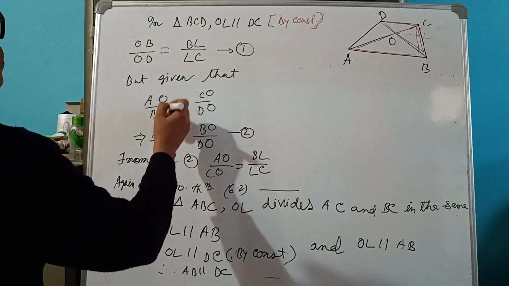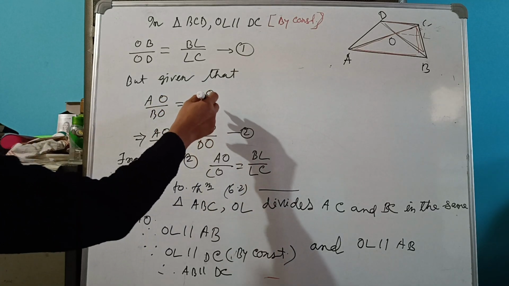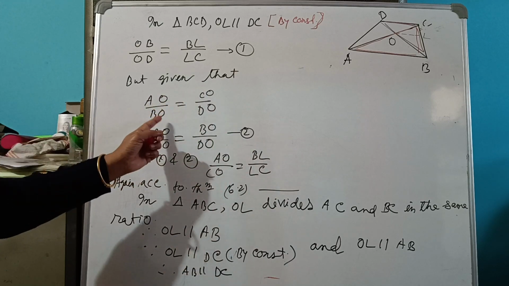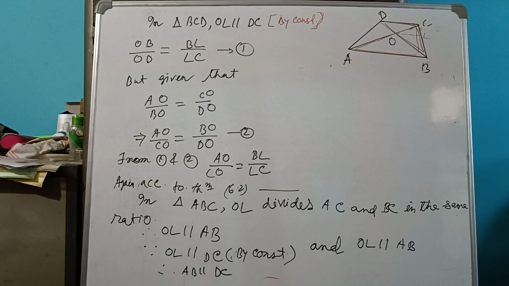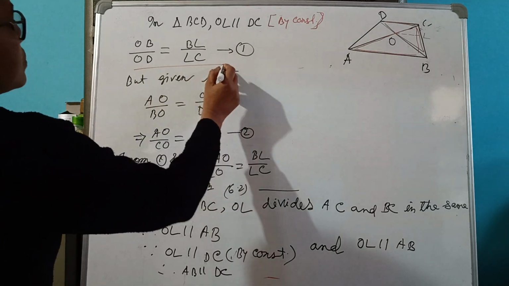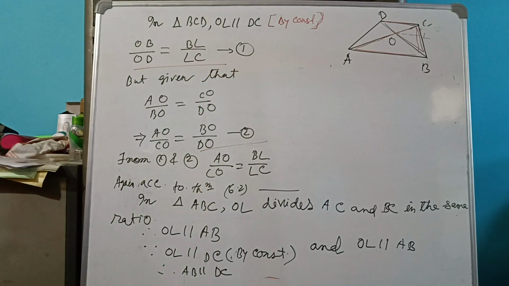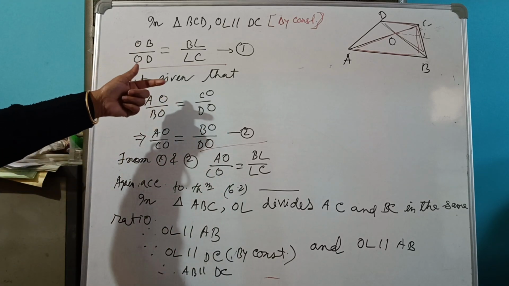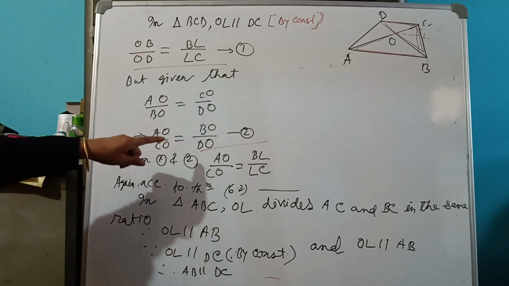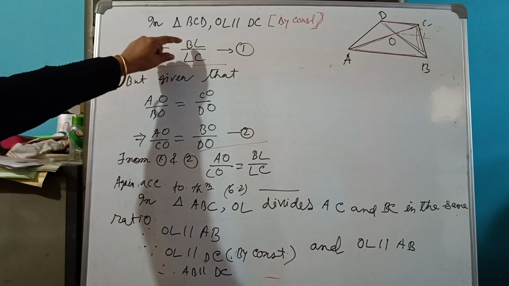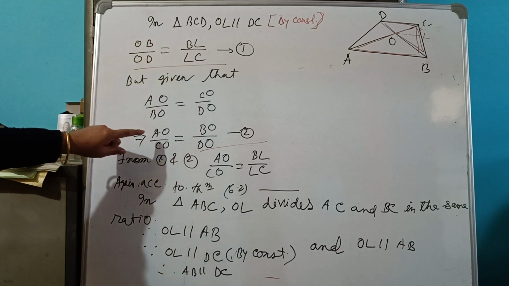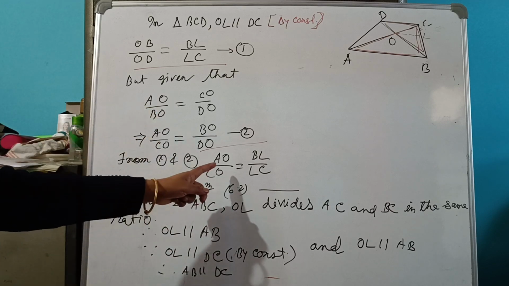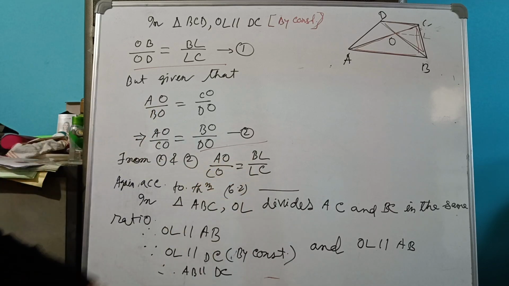But what is given? AO by BO is equal to CO by DO. It is our given condition. But we can write this as AO by OC is equal to BO by DO. Now using 1 and 2, what do you find? BO by DO is equal to, one time BL by LC and another time AO by OC. So this part must be equal. Therefore AO by CO is equal to BL by LC.